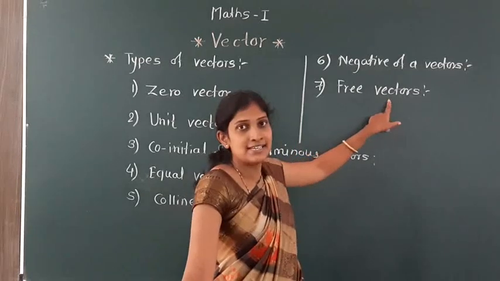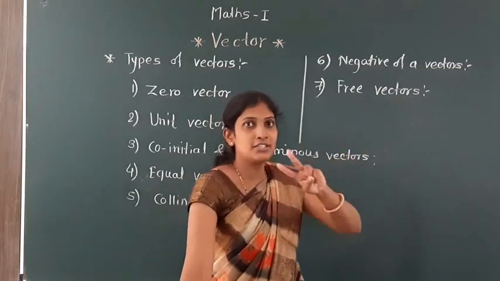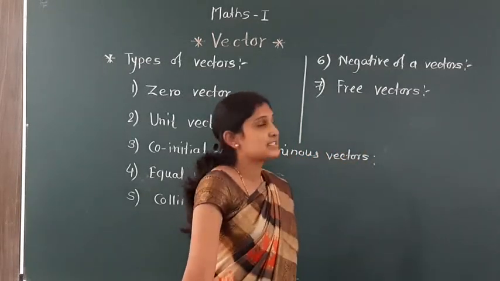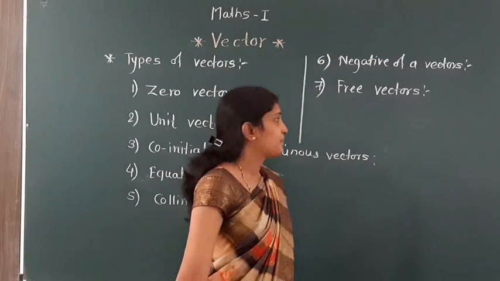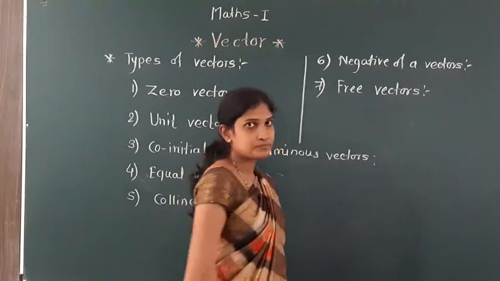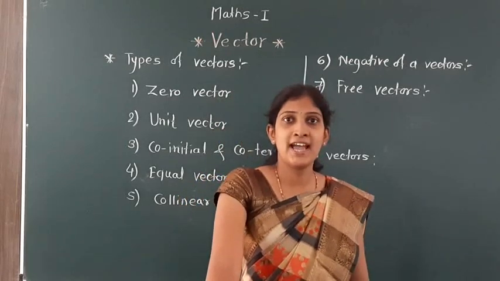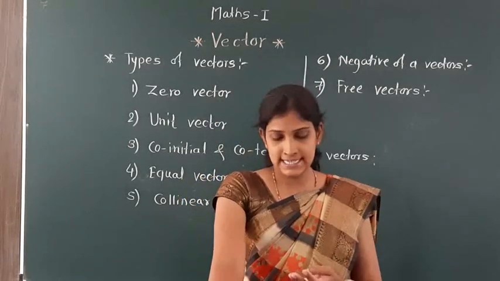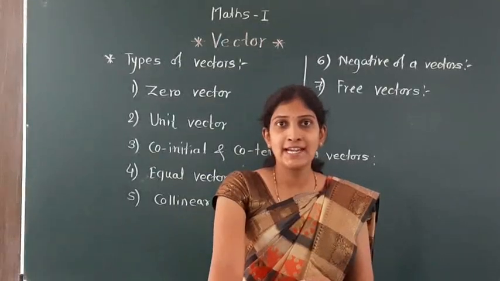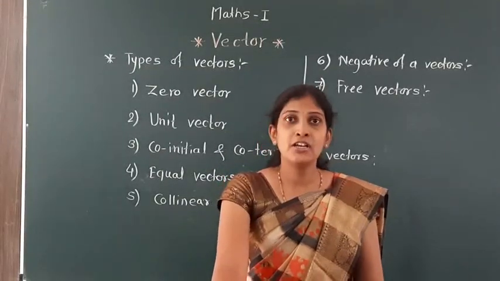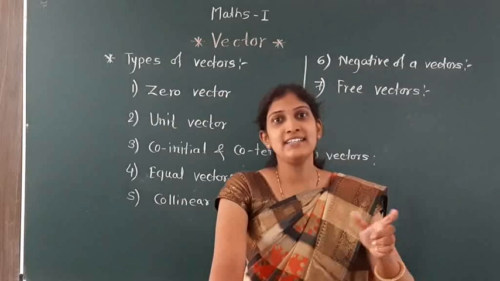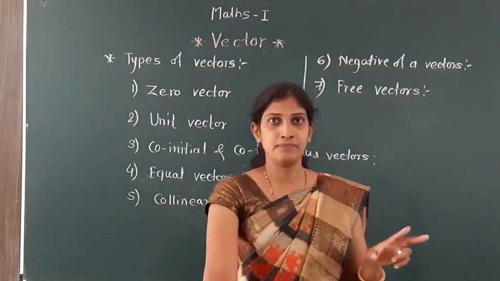These free vectors and localized vectors, these two types are very important. What are free vectors? Free vectors are vectors which have the same magnitude and same direction but can be translated anywhere in space.